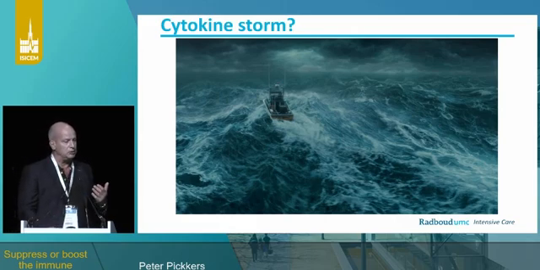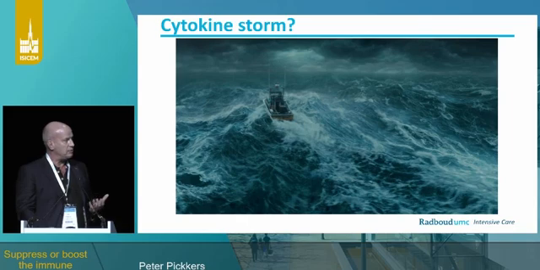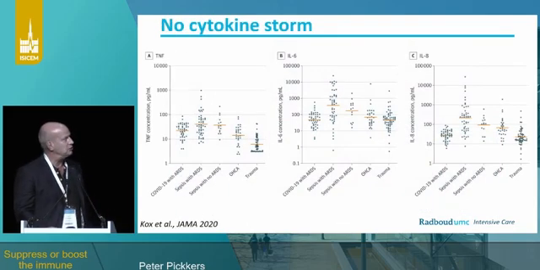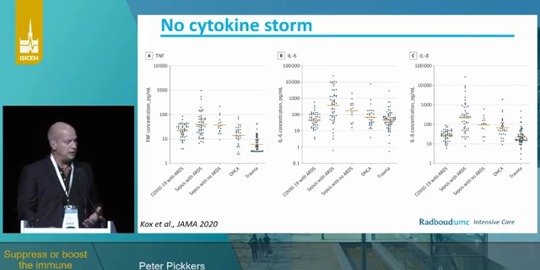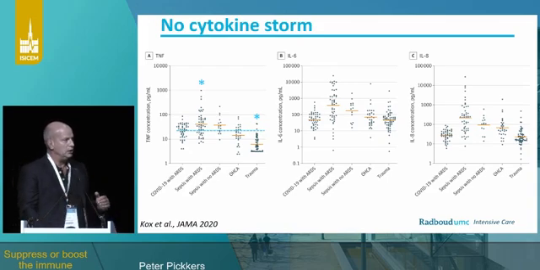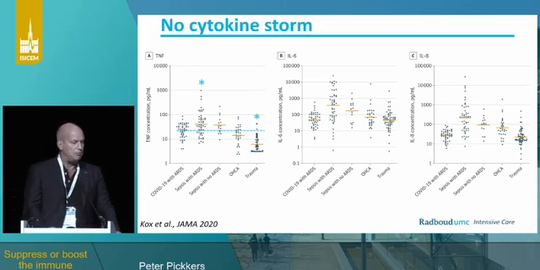But when we started measuring the systemic inflammatory response, indeed we found, as has been mentioned before, that in COVID-19 patients the cytokine levels are actually lower compared to bacterial sepsis patients with ARDS, and most of the time also in sepsis patients without ARDS, and that the cytokine levels are much more comparable to patients in the ICU that had a cardiac arrest or were multiple trauma patients.